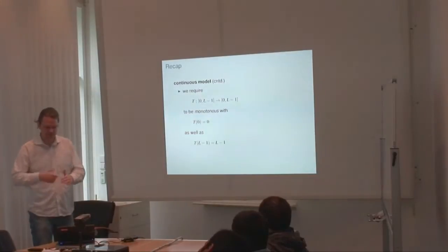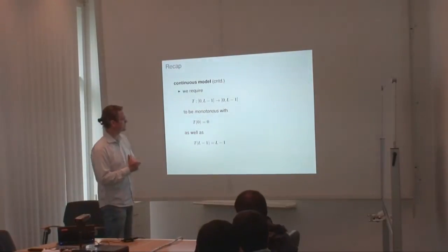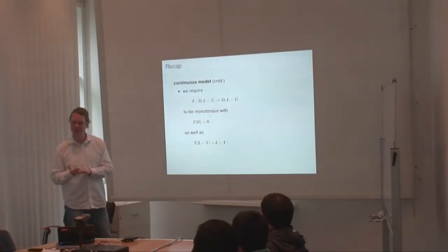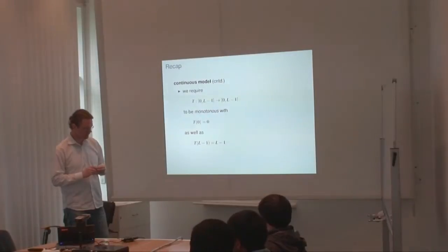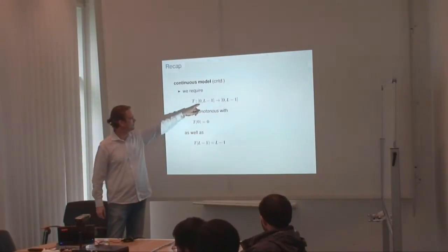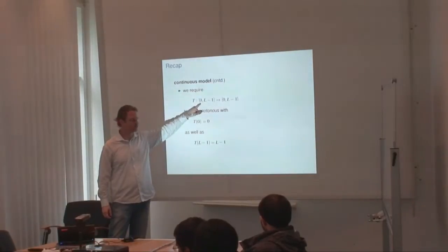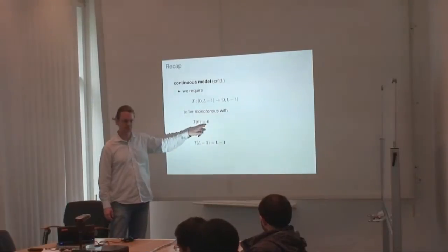And once again, a very important thing is we need this T to be monotonous in order for all of this to work mathematically, otherwise we would have a dire problem. And we constrain it such that an intensity of 0 will be mapped to an intensity of 0. This is what we want.